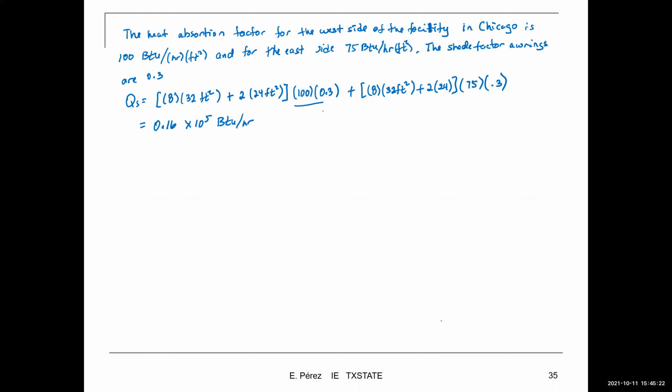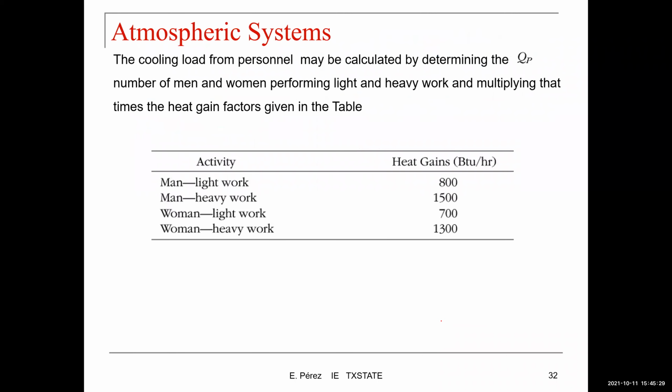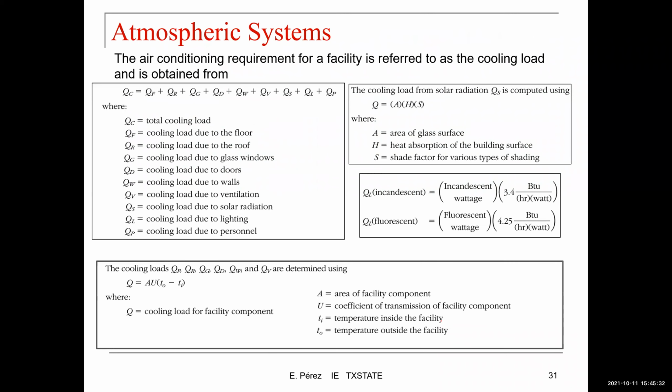The lighting factor. So for the lighting, we have this formula, QL for incandescent. We're going to use the incandescent wattage and then multiply by this factor. And for the QL fluorescent, we have the fluorescent wattage multiplied by 4.25 BTUs per hour per watt.